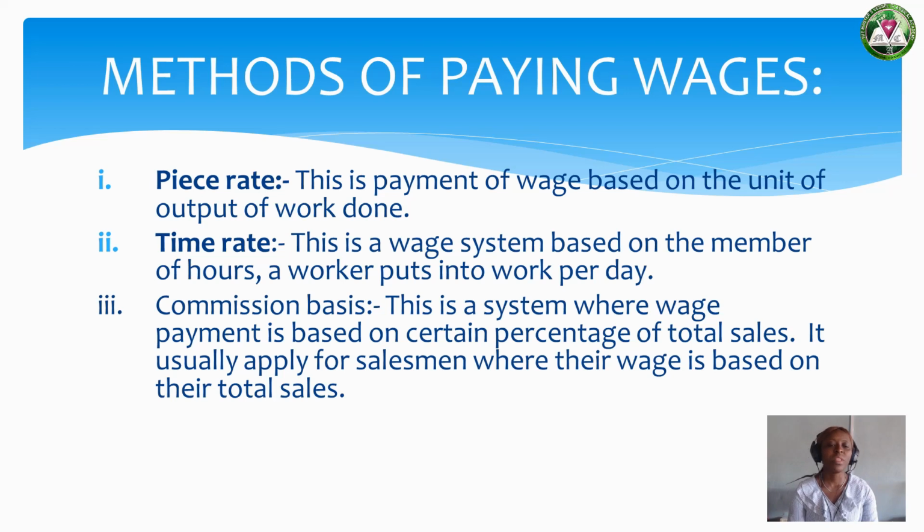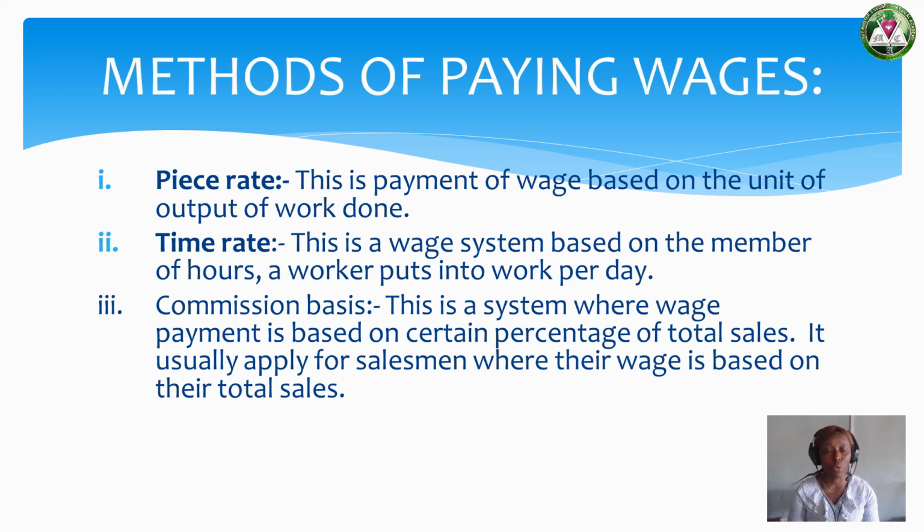1. Piece rate. This is payment of wage based on the unit of output of work done. Let's say in an organization, production of 1 carton of Indomie is 500 naira.